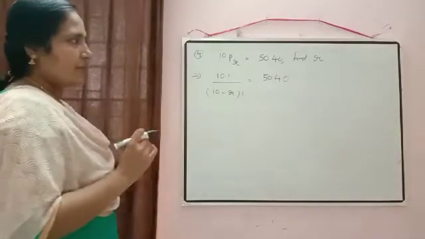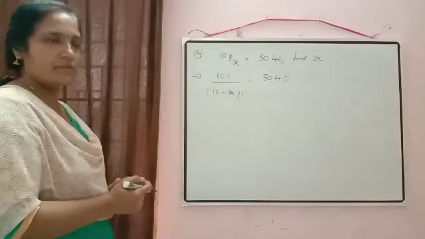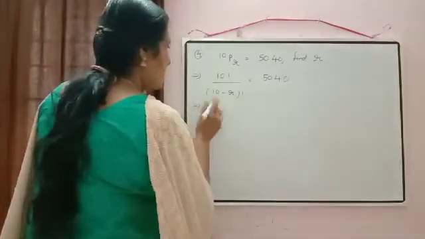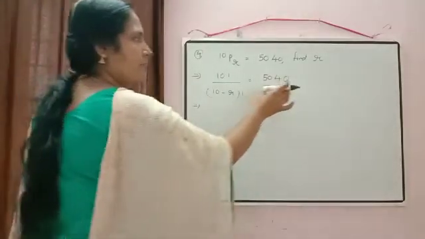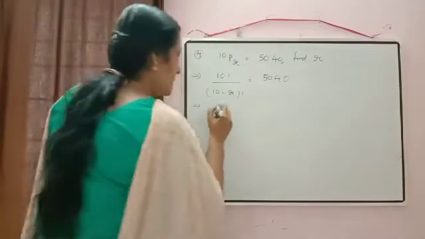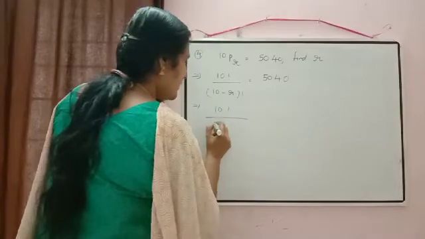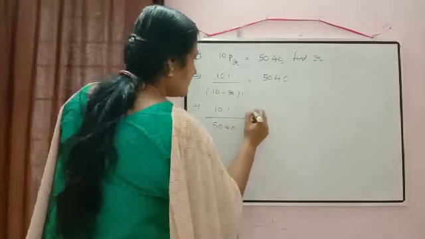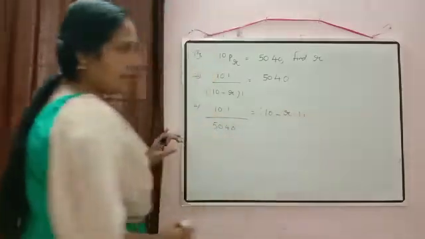Correct? Now 10 minus r factorial I am shifting to the right hand side and 5040 to the left hand side. Then 10 factorial by 5040 is equal to 10 minus r factorial.